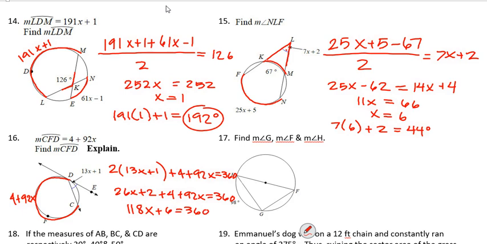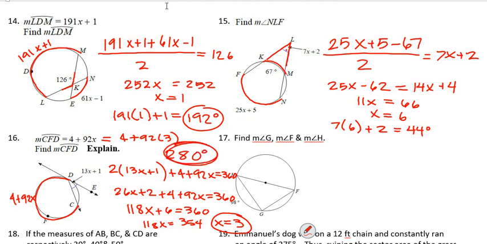So we're going to subtract the 6 from both sides, so 118x equals 354. Divide 118 into 354, so x equals 3. Then we've got to plug that back in to get CFD. So we're going to do this up here, 4 plus 92 times 3, and that would be 280 degrees. That's our answer.